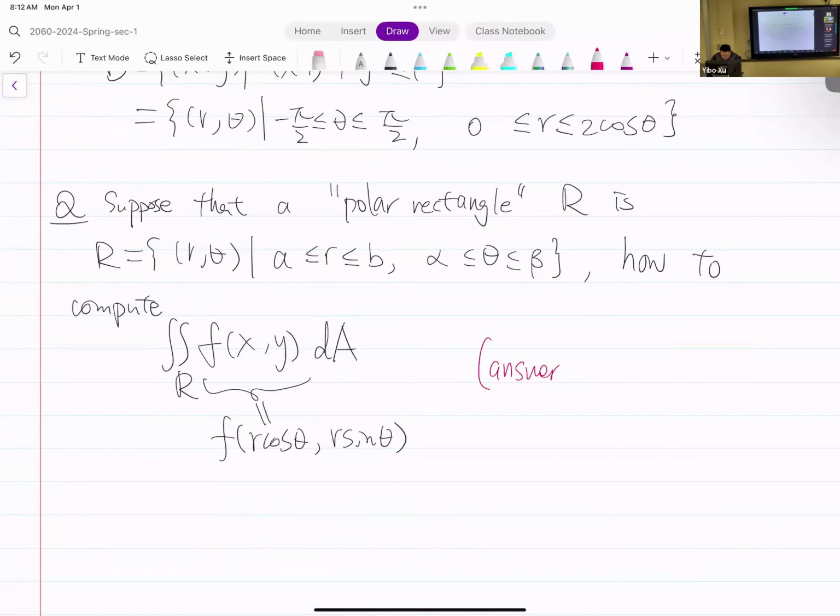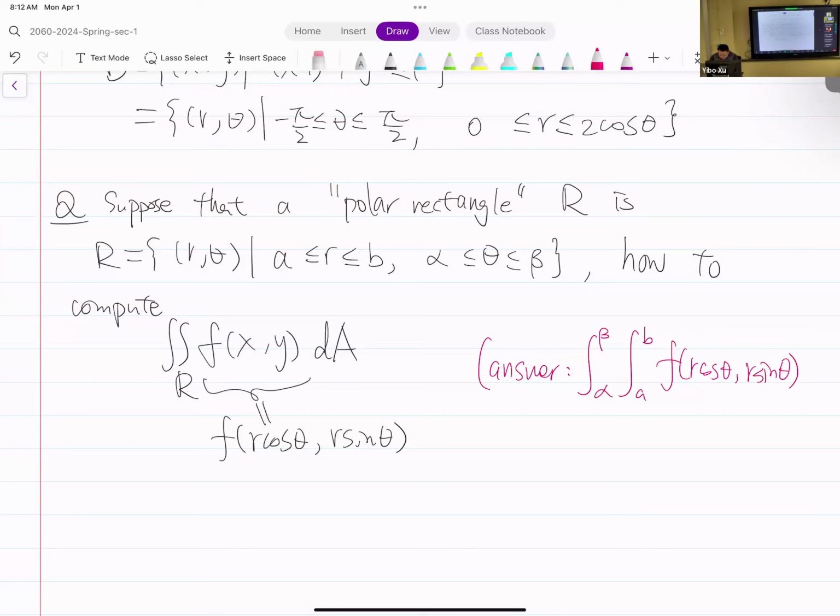So, answer. Like we mentioned, when you put down the intervals, let's say theta is on the outside, so it's from alpha to beta for theta, and then a to b is for r. And then here, the function that we're accumulating is exactly the substitutions, r cosine theta, r sine theta, just replacing the x, y values.